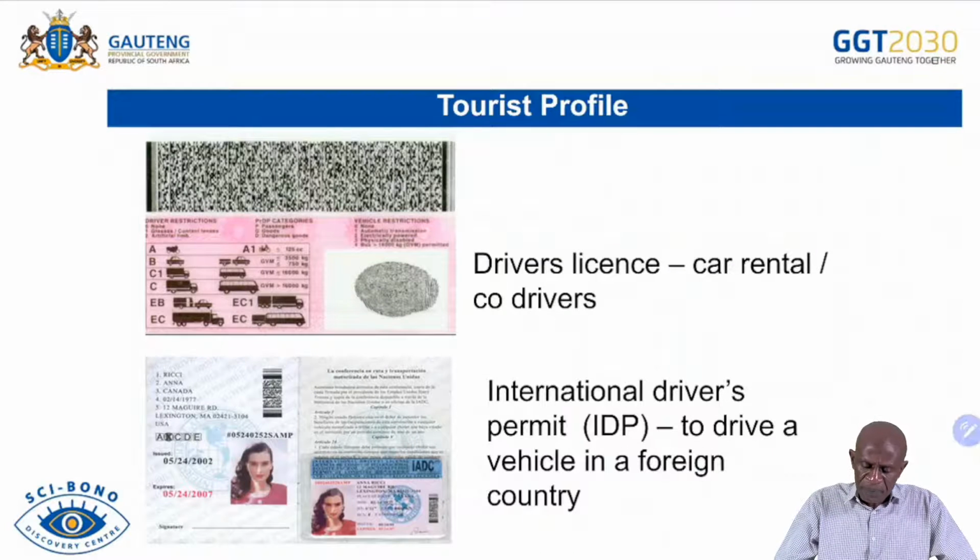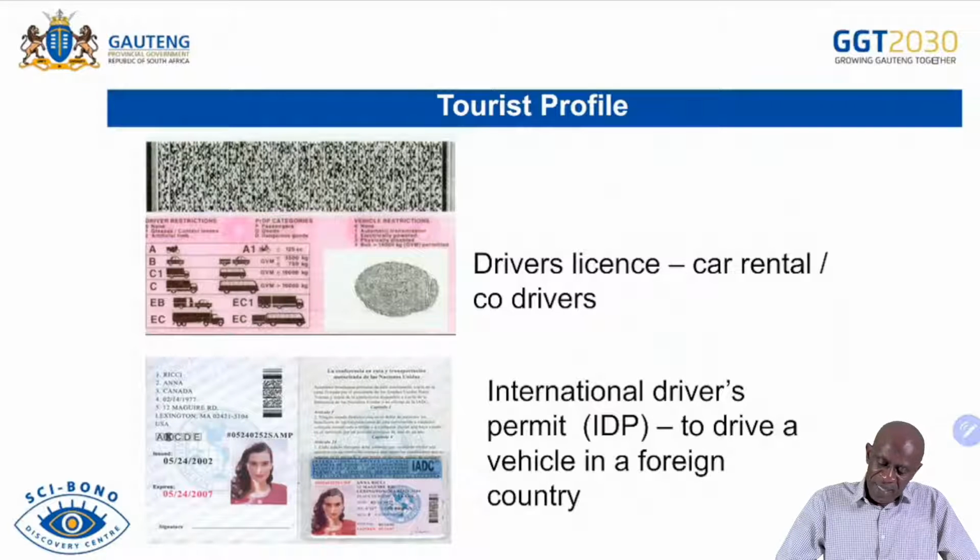One more aspect of the tourist profile is whether the tourist is in a position to drive. You may find that for them to move around between attractions, transport is needed, and they might need the services of a car rental.